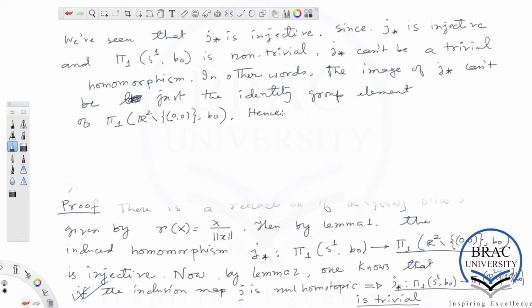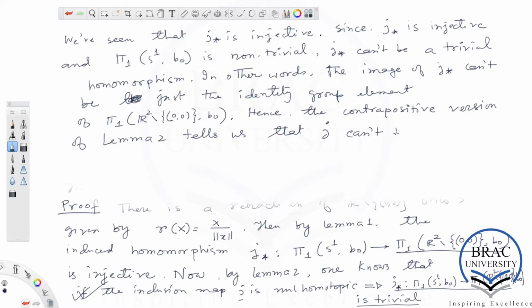Hence, the contrapositive version of Lemma 2 tells us that J can't be null homotopic. Okay, so that was one part.